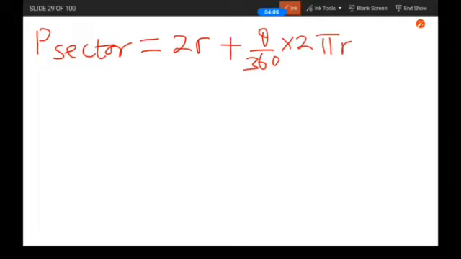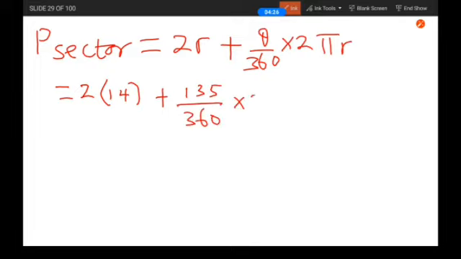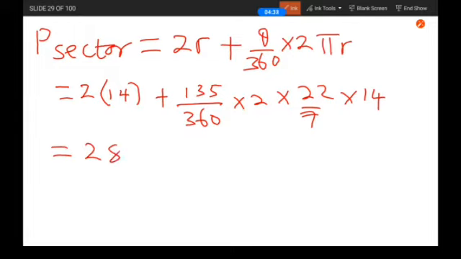Sector, perimeter, we have this. For area of a sector it is pi r squared. Please don't forget that. So we have 2 into, what do we get as our radius? Our radius was 14, very good. Plus we have 135 divided by 360 times 2 times 22 over 7, then times radius, which is 14. So 2 times 14 is giving us 28.